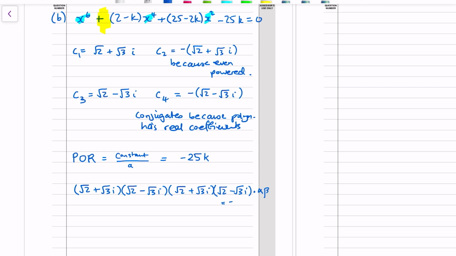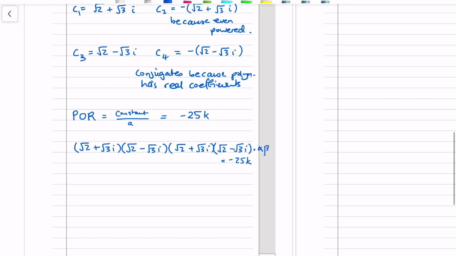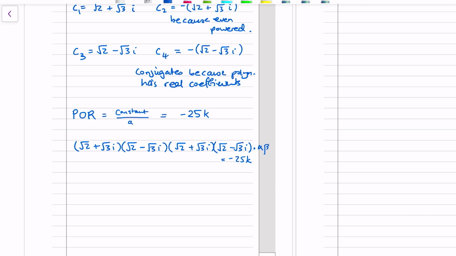That's equal to negative 25k. What I'm trying to avoid here is factoring the whole thing. I'll show you how to factor in a sec, but I'm trying to use the relationships between the coefficients to avoid heavy algebra here.